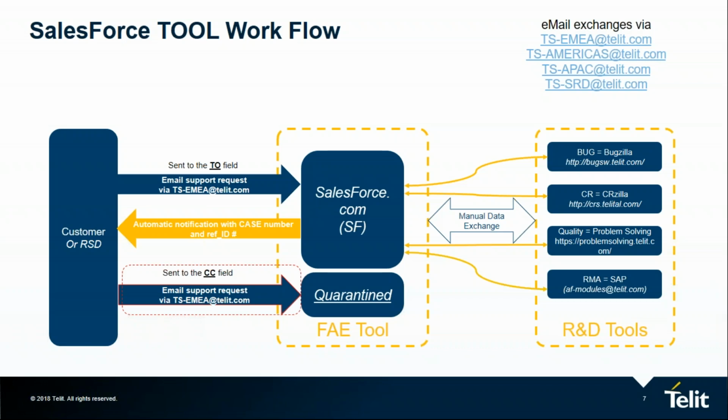Of course, there is a manager handling all the cases in the quarantine group who daily verifies the tickets and moves them if they went there incorrectly, if there is a real support request. So the tickets are not lost, but are assigned to the specific engineers in any case.